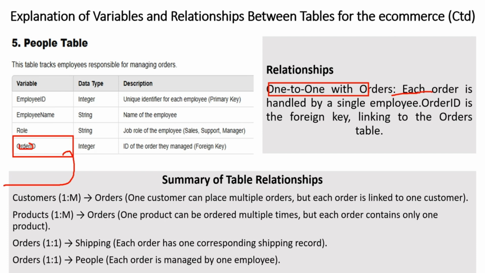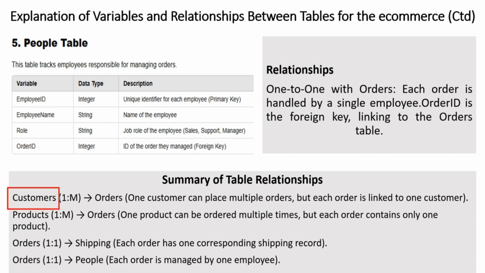So once I know the order ID, I can easily get all the information about the order in terms of the name, the customer, phone number, etc. So, a summary of the tables. For customer, we have a one to many relationship with orders. One customer can place multiple orders.